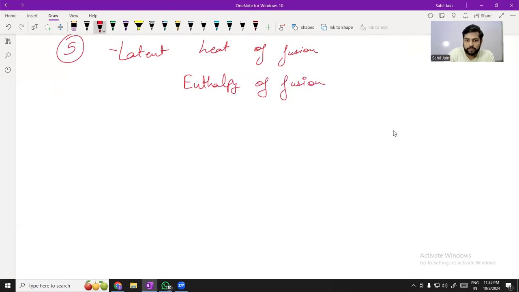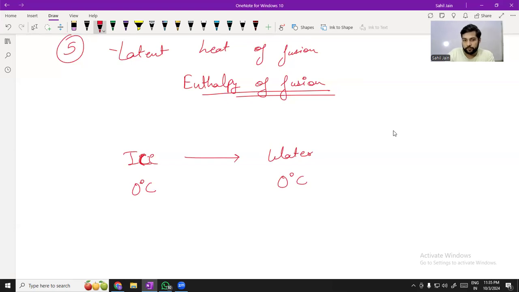Enthalpy of fusion makes it clear that if we are converting ice at 0 degrees Celsius to water at 0 degrees Celsius, we would need to heat the ice. And the heat energy required here would be equal to the mass of the ice we are taking, whichever ice we need to melt, multiplied by the enthalpy of fusion, which is denoted by delta H with an f in the subscript.